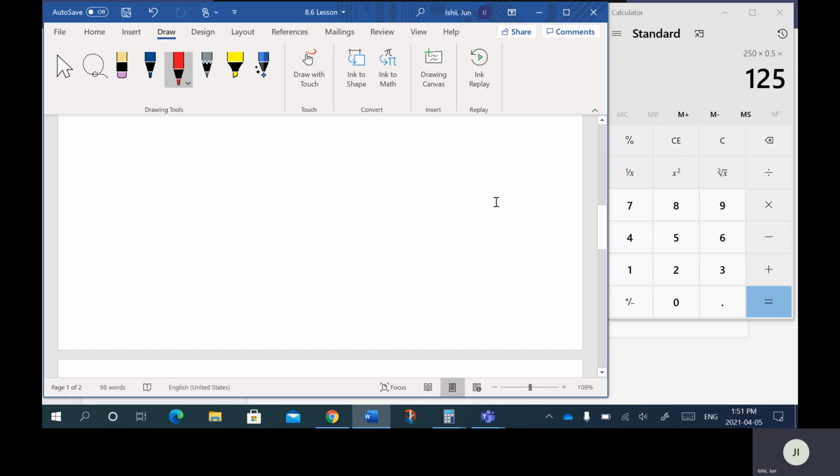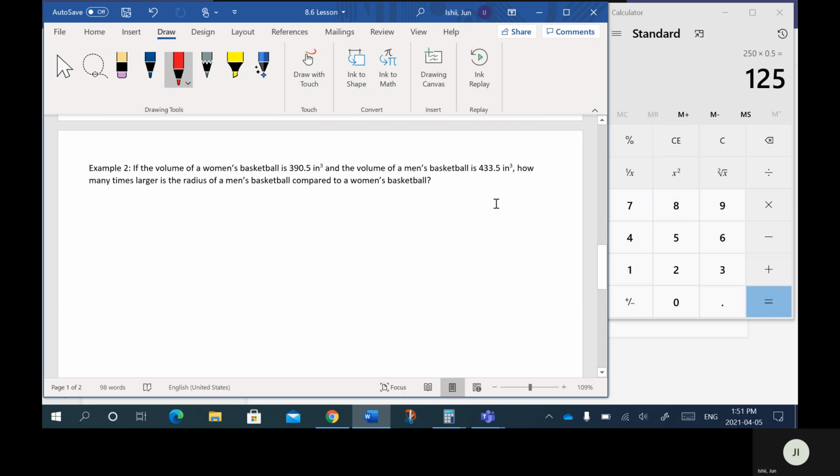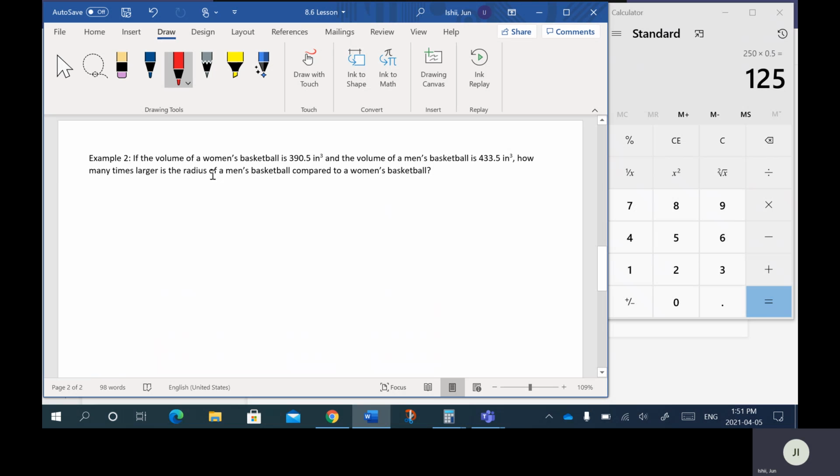Cool. There's another example here. If the volume of a women's basketball is 390.5 inches cubed and the volume of a men's basketball is 433.5 inches cubed, how many times larger is the radius of a men's basketball compared to a women's basketball?